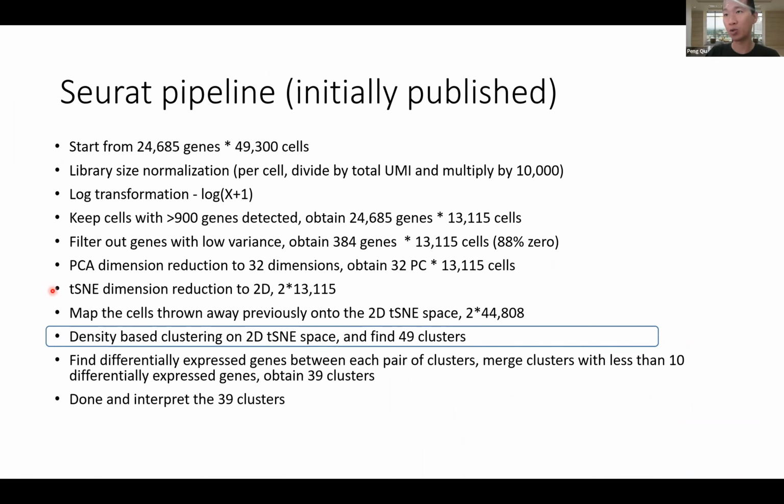In the 2-dimensional space, because the data already look quite cluster-like with all these islands, essentially, clustering is almost fully defined by the t-SNE dimension reduction step. And density-based clustering is just a convenience for them to read out how many islands there are in an automated way.